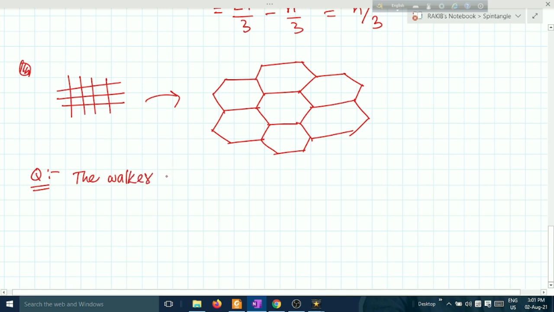The walker cannot revisit a point. What is the probability after taking 3 steps? This is the question.